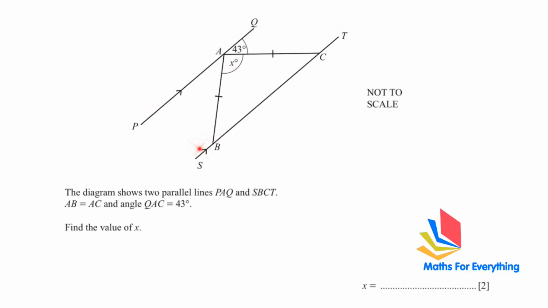Because these two lines are parallel and this line cuts them, we know that this angle will be equal to this angle because alternate angles are equal in parallel lines. So this angle is going to be 43. The next, as this line is equal to this line, even this will be 43 because in an isosceles triangle, opposite sides are equal, opposite angles will be equal.